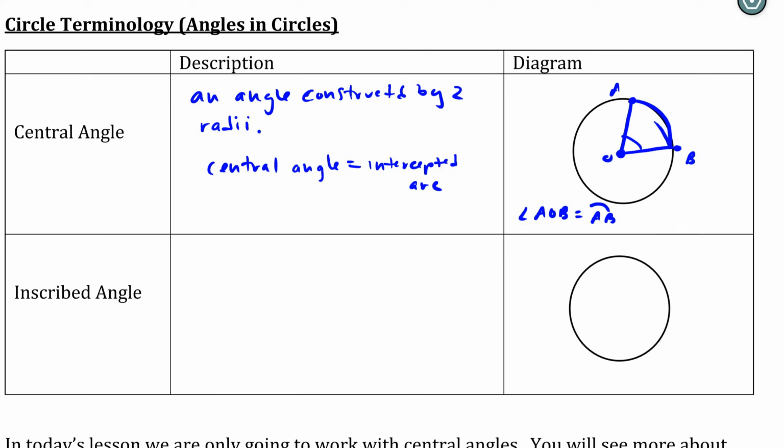An inscribed angle is an angle constructed by two chords, even a diameter. We can say the inscribed angle is equal to half the intercepted arc.